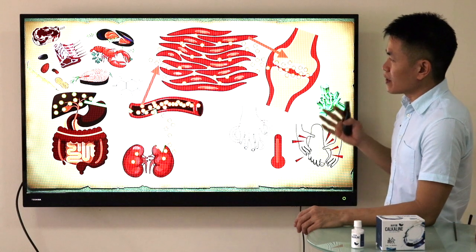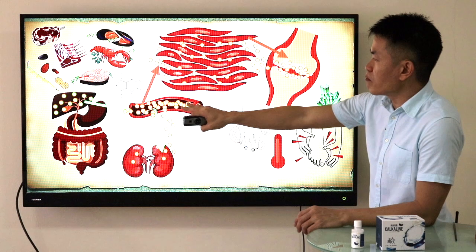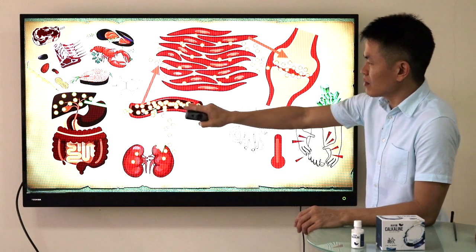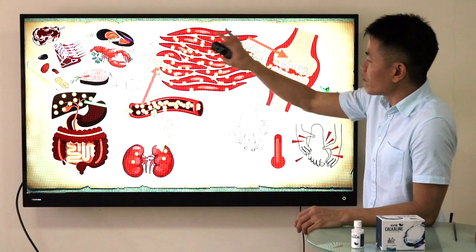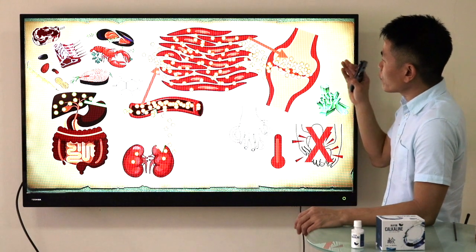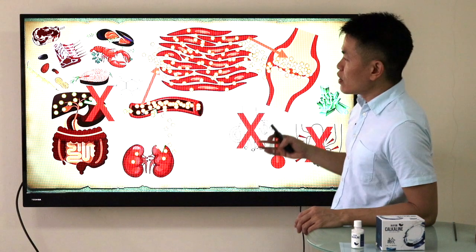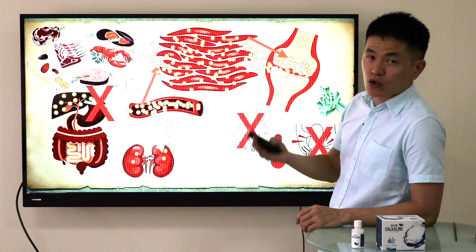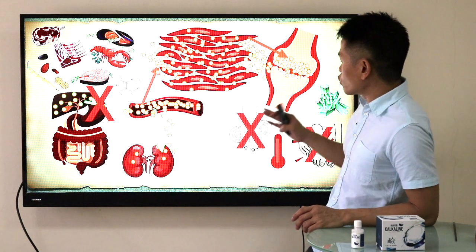But let's take a look at the current medical solution. If your uric acid keeps accumulating to a higher level, there will be even more in your muscle tissue layer, and then it will go into the joint even more, and result in a more intense gout attack. So your doctor might prescribe a painkiller or colchicine, the popular one, to manage the pain.